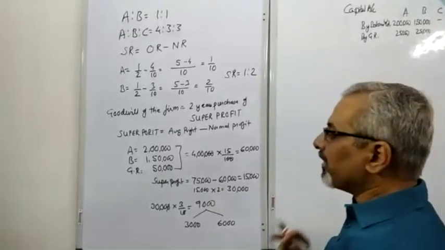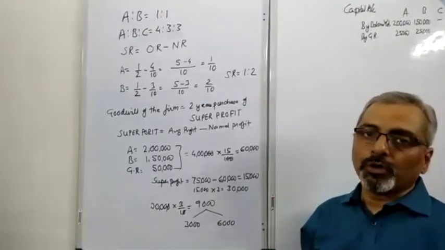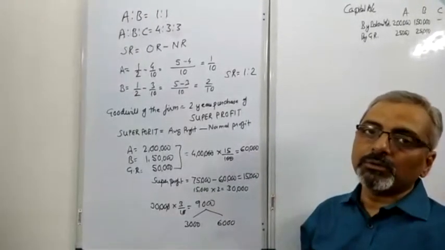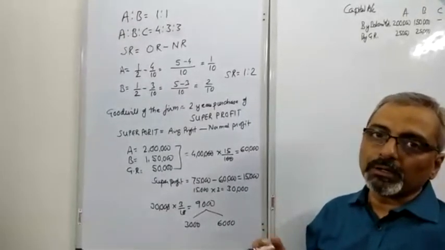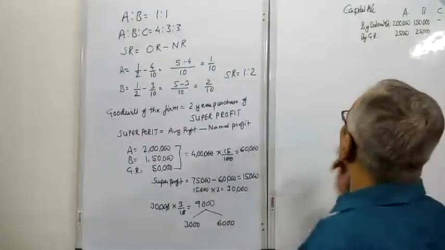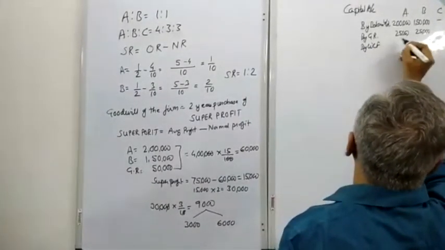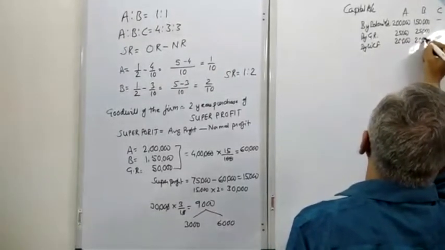We also have been given a workman's compensation reserve, or workman's compensation fund as the question gives it. Here the value is given as 40,000 and 40,000 will be given to the old partners in their ratio. Therefore, by workman's compensation fund, we'll have 20,000 to A and 20,000 to B.